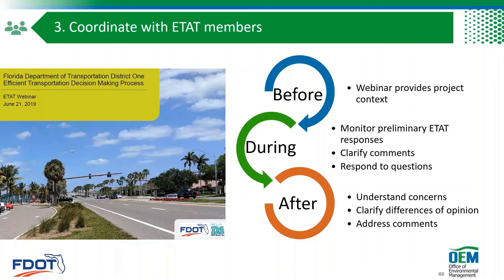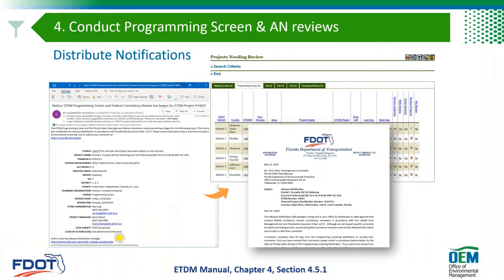And if they have questions, they can be calling or emailing. There's a contact person on the EST for each of the projects, and it can be either the ETDM coordinator or the project manager, and that's the person they'll be contacting. And then afterwards, you'll be coordinating with them as you develop your summary report. And I'll go into that in a little more detail later.